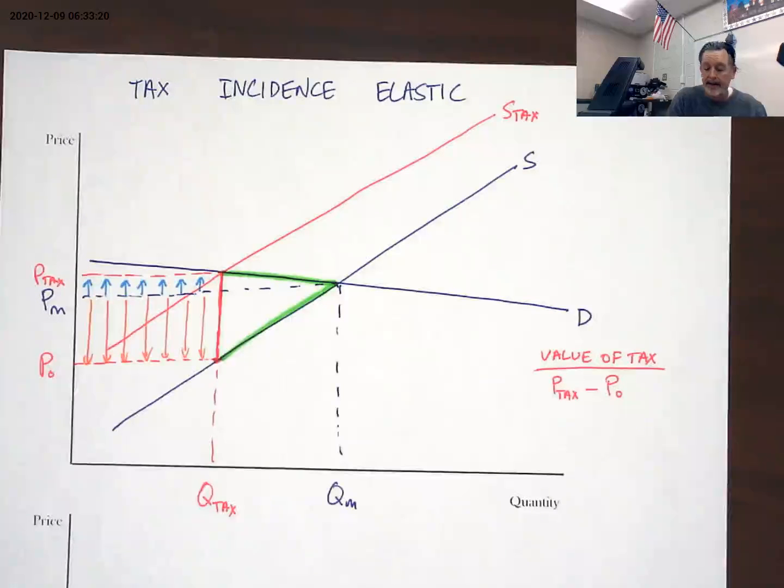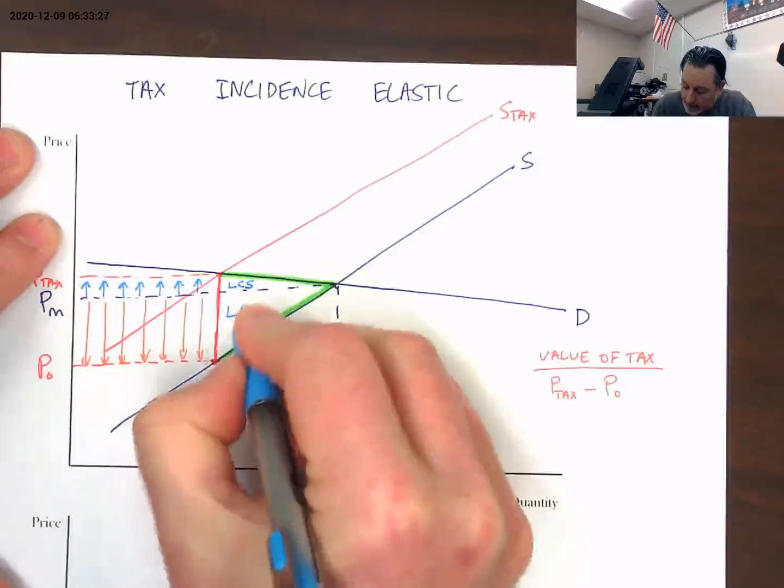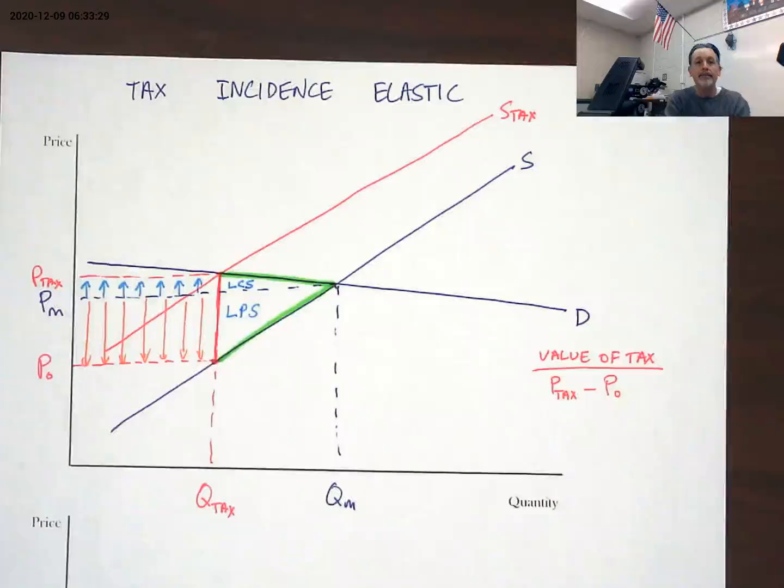And what we find is we have that area of lost consumer surplus here, lost producer surplus here, and the combination of lost consumer and lost producer surplus is deadweight loss.